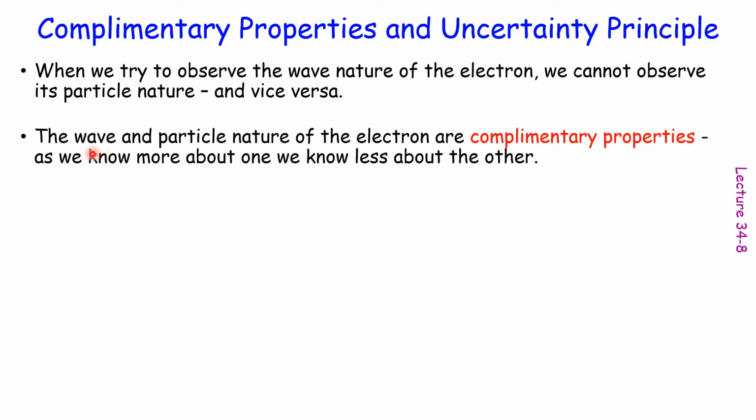Therefore, we say the wave and particle nature of the electron are complementary properties. If we know more about the wave nature, we know less about the particle nature, or vice versa. This is the uncertainty principle.